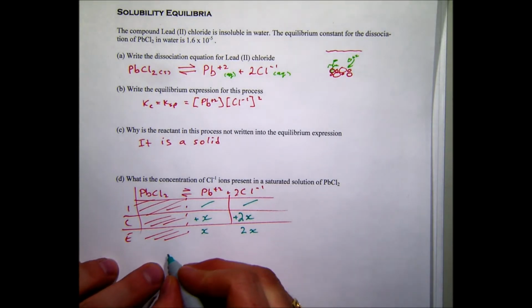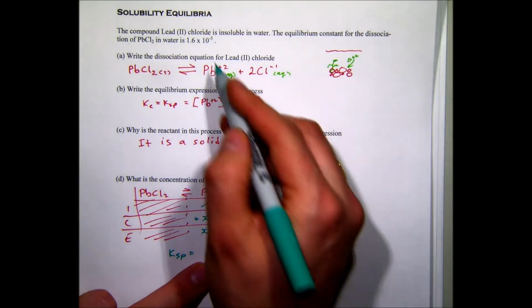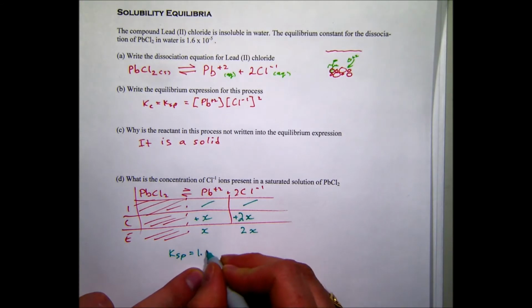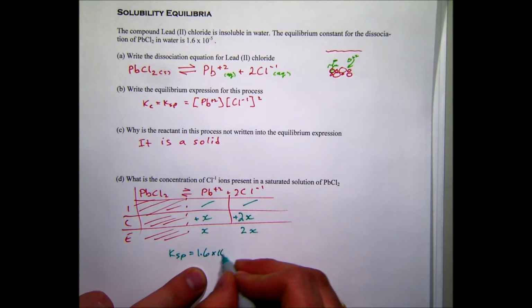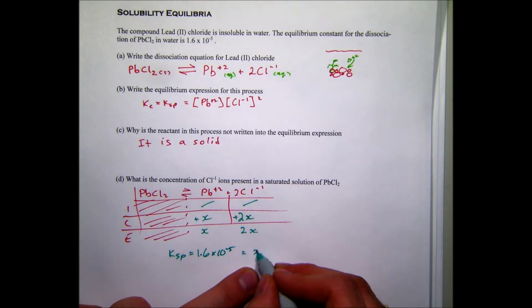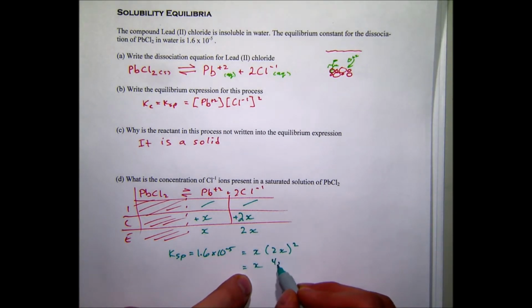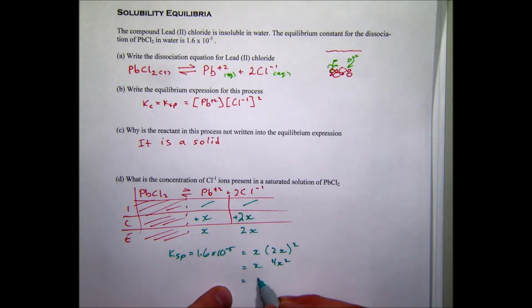So finally we write Ksp is equal to 1.6 times 10 to the negative 5, is equal to x times (2x) squared, is equal to x times 4x squared, is equal to 4x cubed.